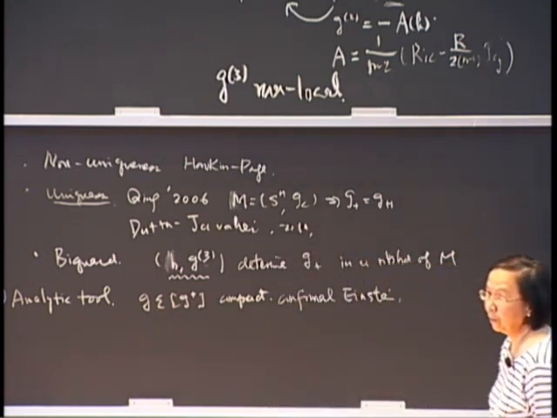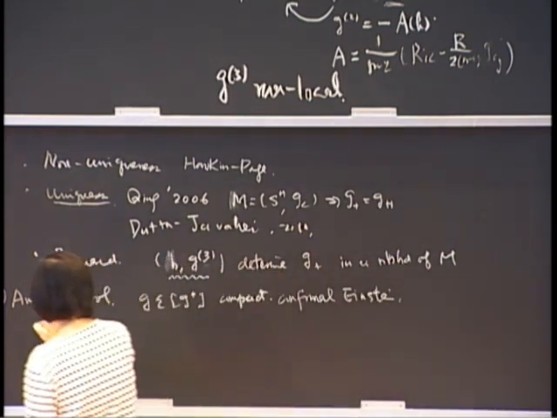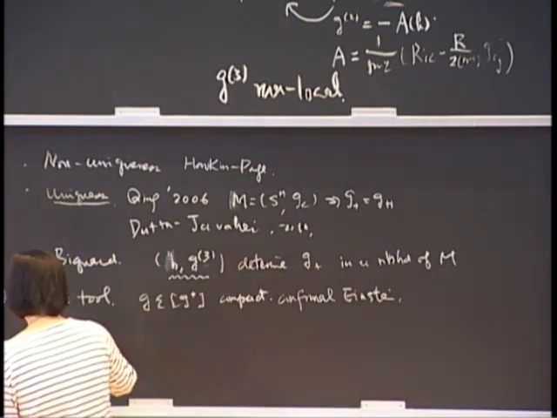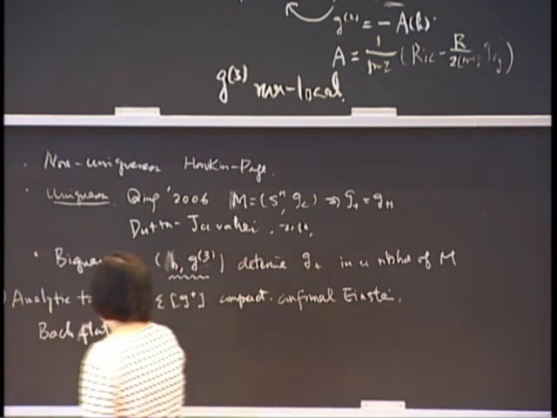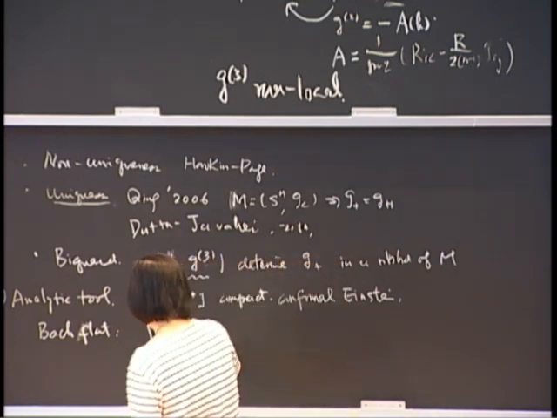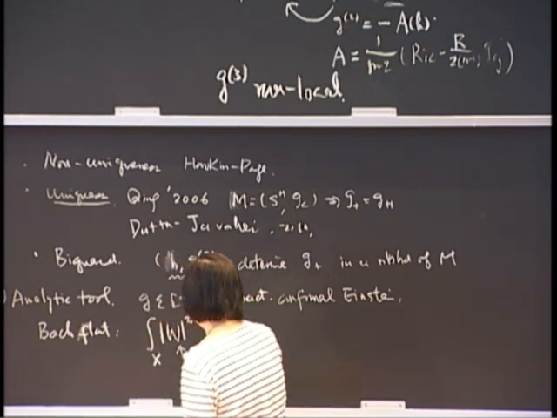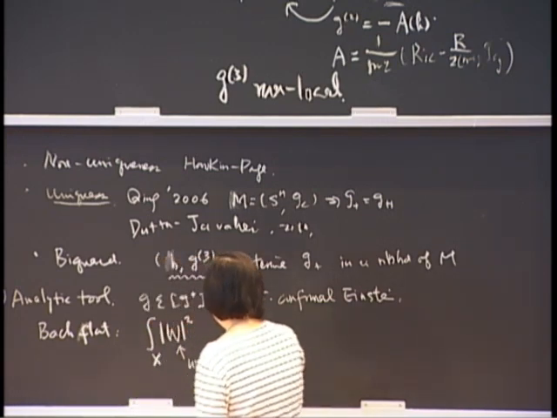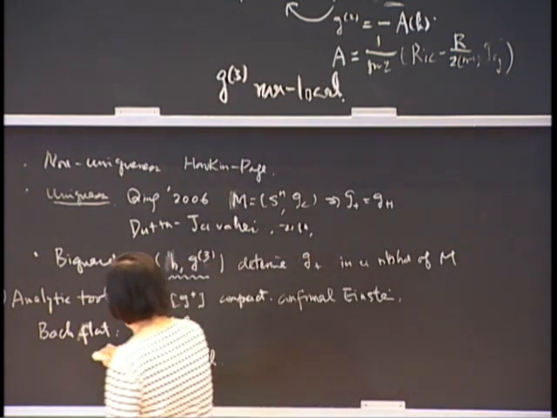And one of the well-known tools is to study the so-called Bach equation, Bach-flat equation. In a 4-manifold, we are studying the critical point of the Weyl curvature functional, and the critical point is Bach-flat.